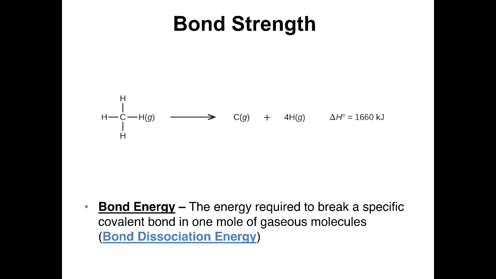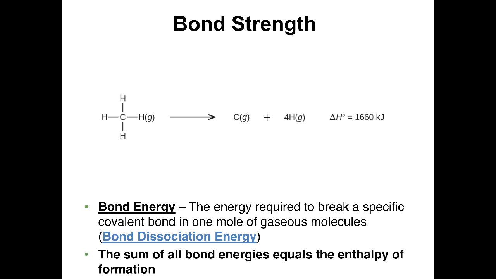And the energy required to do that is 1660 kilojoules. So each bond would be 1/4 of that number. So the bond dissociation energy for each of these bonds would be that number divided by 4, or 415.